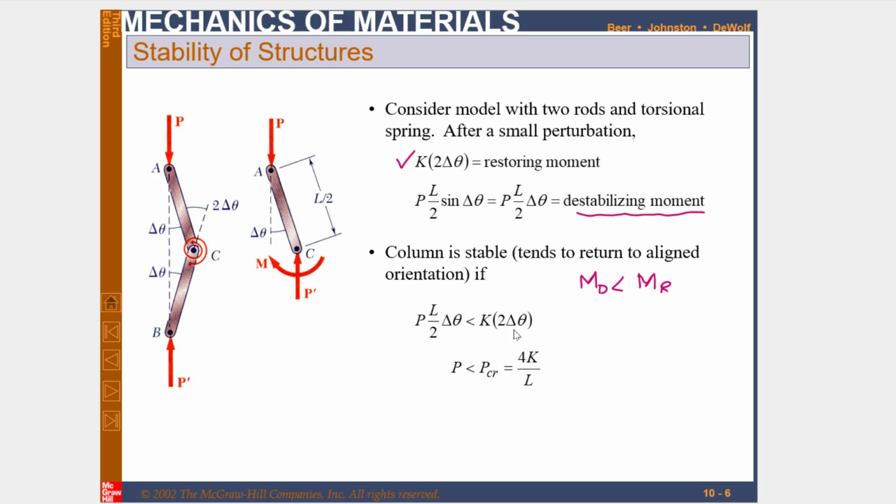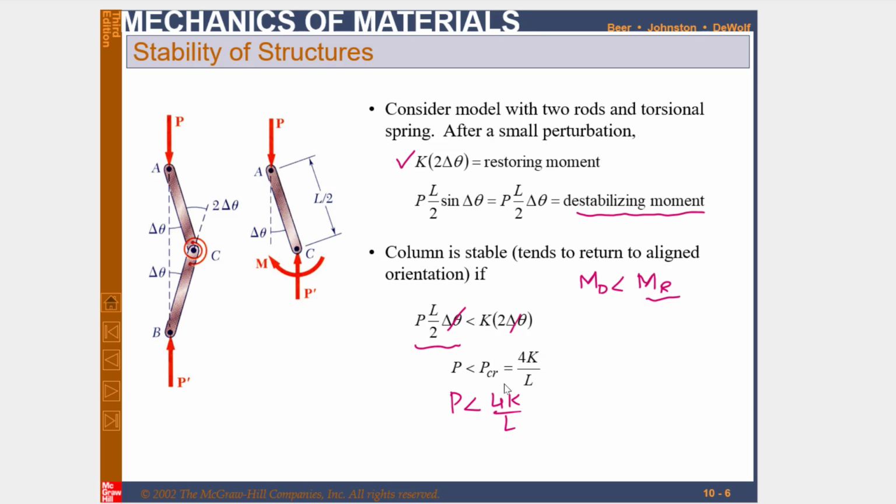The destabilizing moment is P into L by 2 into delta theta, and the restoring moment is equal to K into 2 delta theta. So delta theta will cancel, and we will have P less than 4K over L.